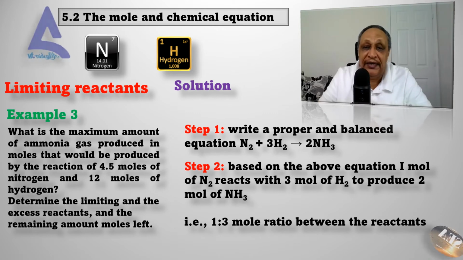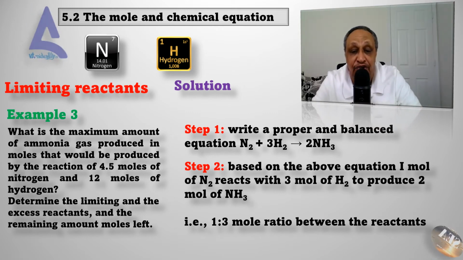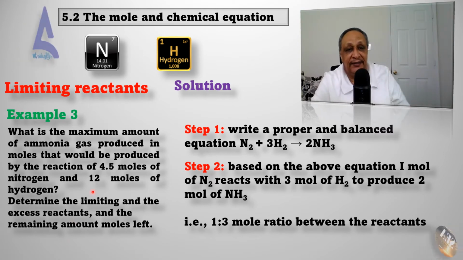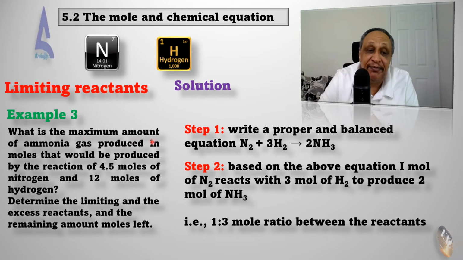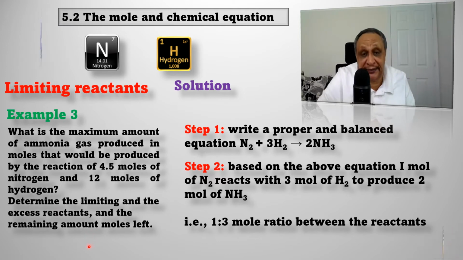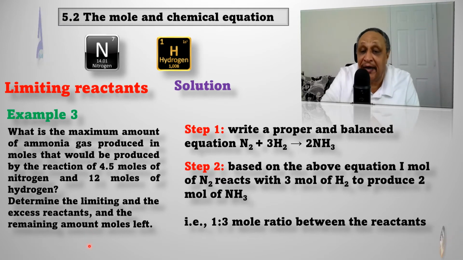So we are going to do a lot of things here, and we have to be careful in doing it. He wants the maximum amount of ammonia gas produced, so he wants the maximum amount of the product.